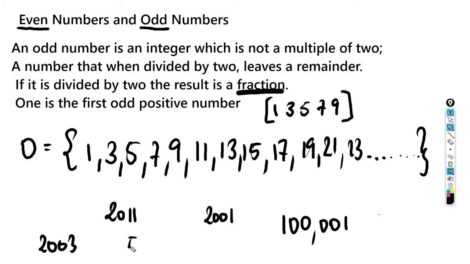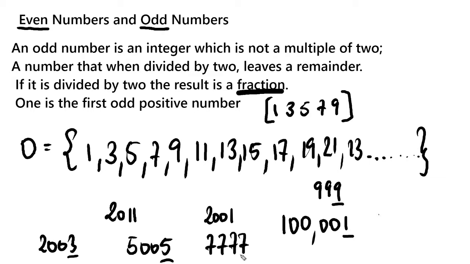We can also look at 5,005, this is also odd. And we can look at 7,777, that's also odd. And we can look at 999, this is also odd. So all these numbers that end with 1, 3, 5, 7, and 9 are odd, okay?